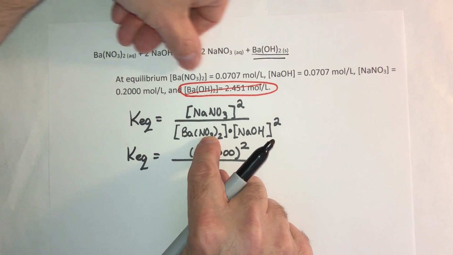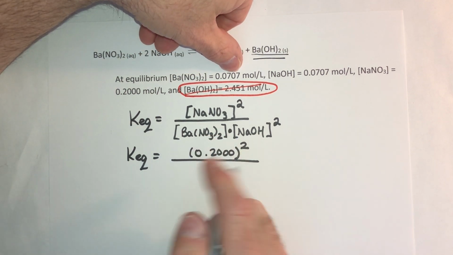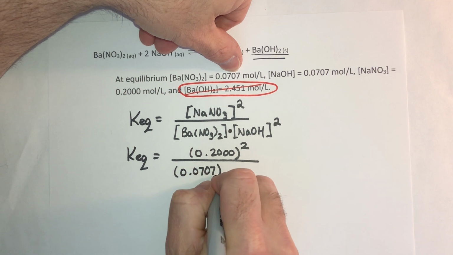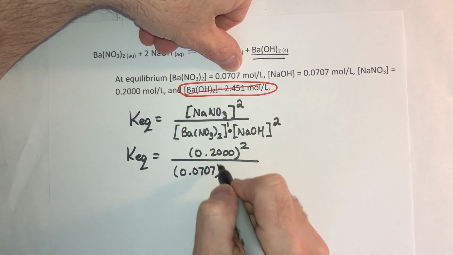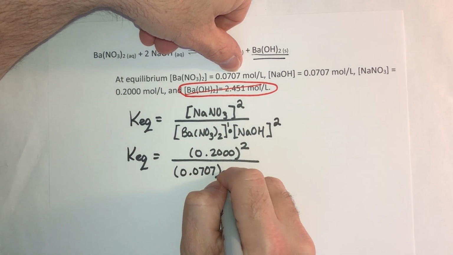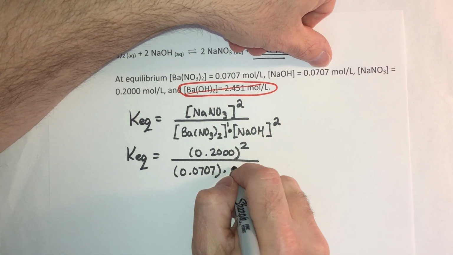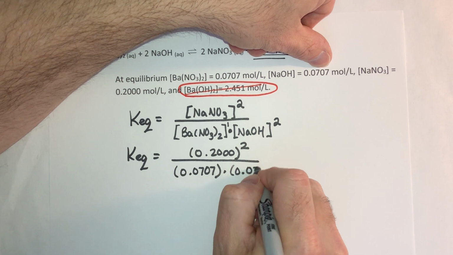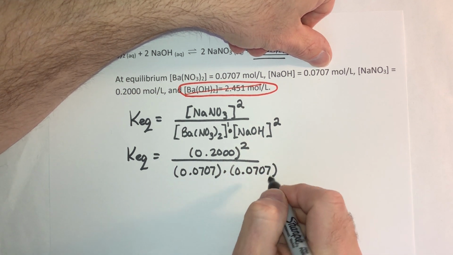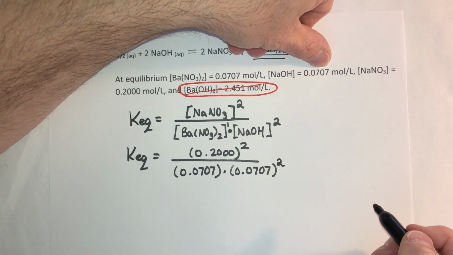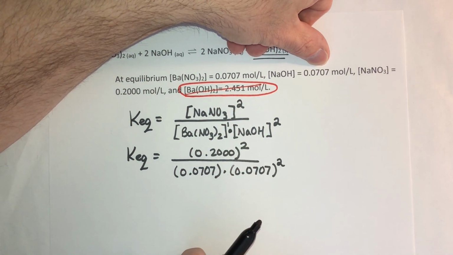So if I look through, concentration of barium nitrate is 0.0707. It has a power of 1, so power of 1. And the last chemical is sodium hydroxide. Sodium hydroxide is also 0.0707, but this was squared, so this will be squared. Okay, don't forget to bring your powers down.